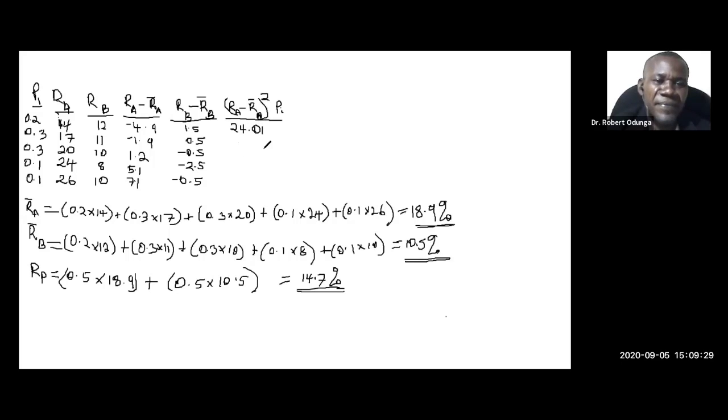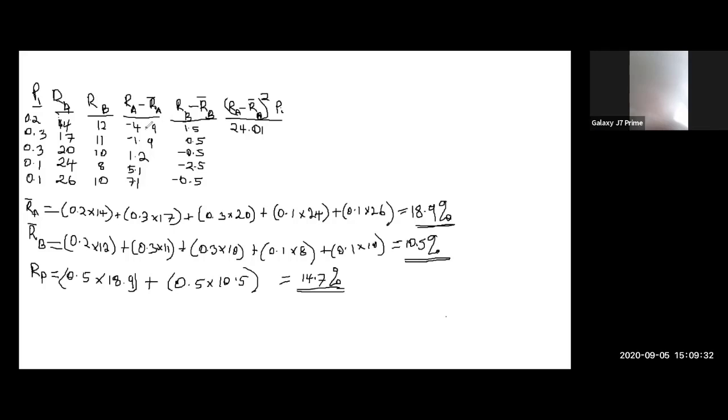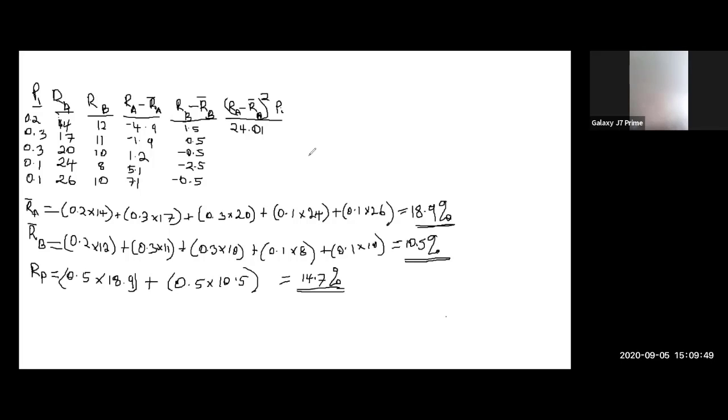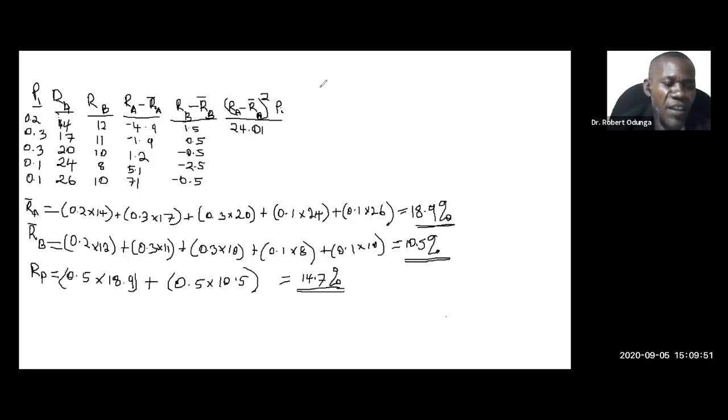Then you multiply by 0.2. 24.01 times 0.2, so you get 4.8.